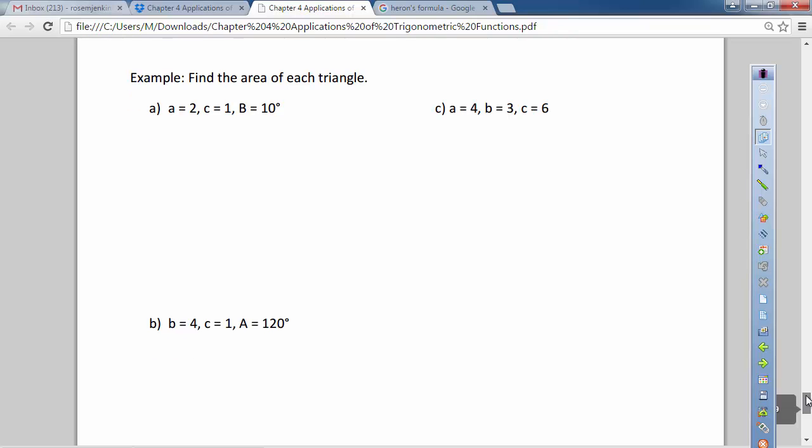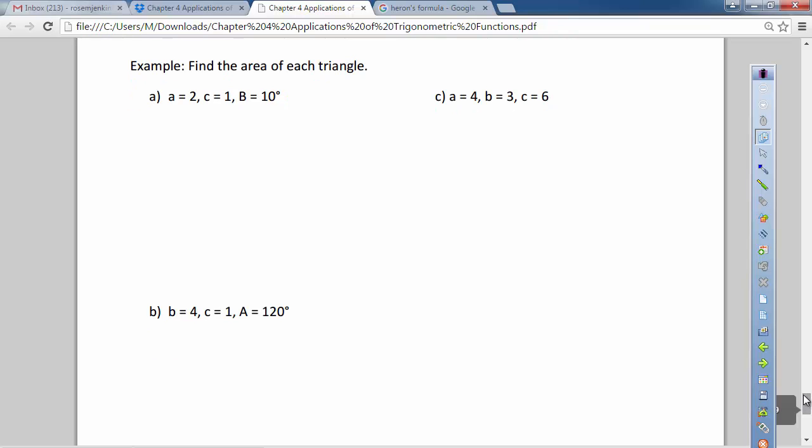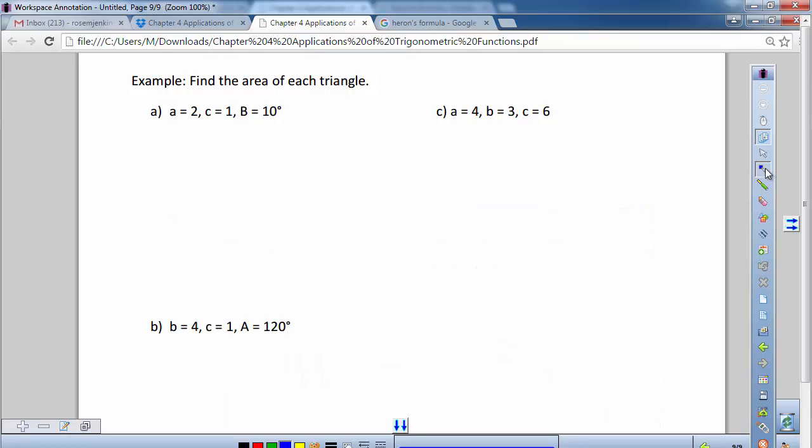All right, so let's find the area of each of these triangles. First triangle, we've got sides A and C, and we've got angle B between them.